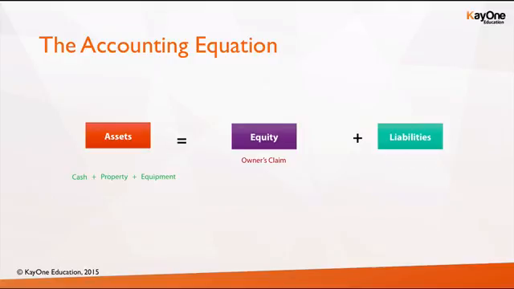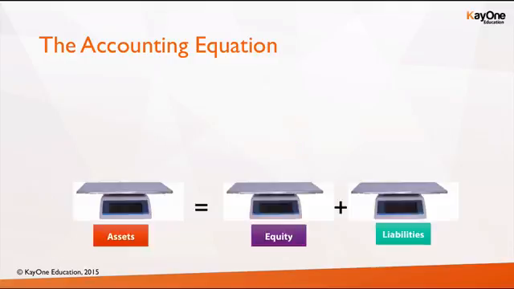The same way, liabilities usually comprise loans, payables, etc. And equity comprises the capital, or the money actually put in by the investors, plus the profits made by the company till date. So let us look at an example and try to understand how the accounting equation works.